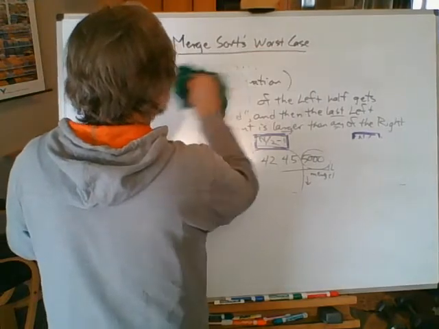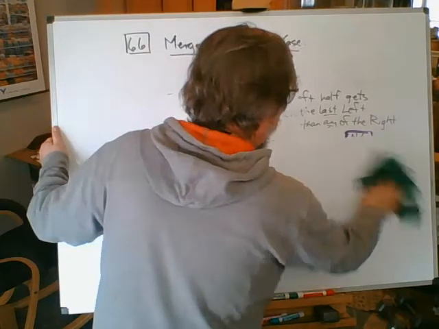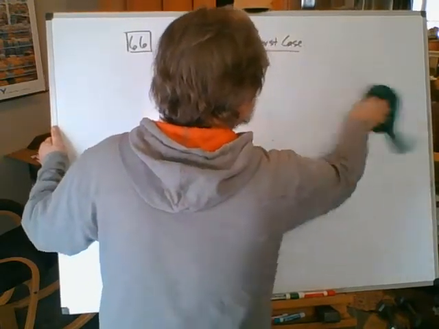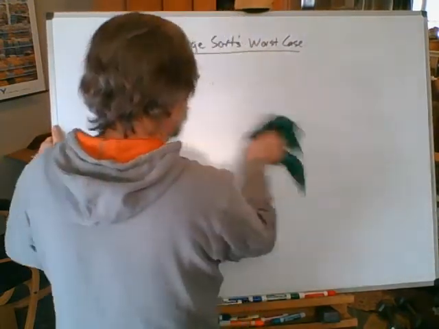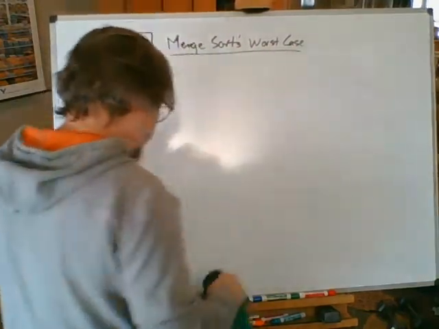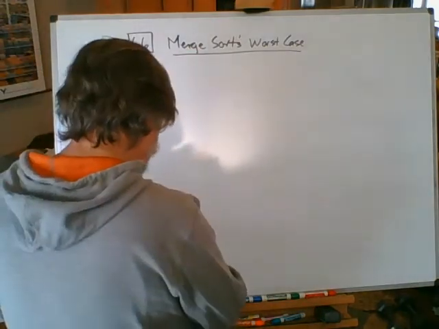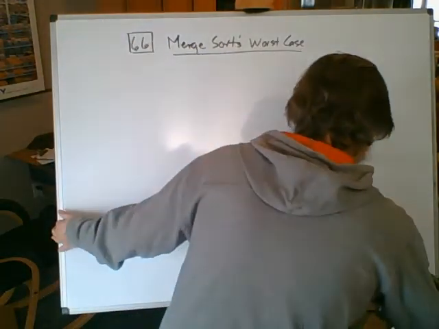Let's abstract away the numbers and assume that we have adequately analyzed. No wonder I couldn't say those two words together. Adequately analyzed the worst case for that one iteration, which is let's do all the comparisons we need to do.